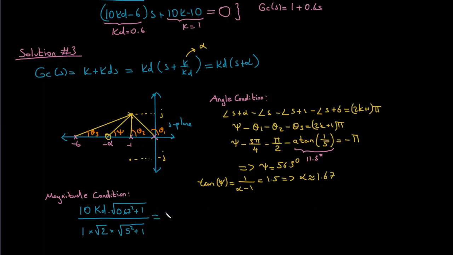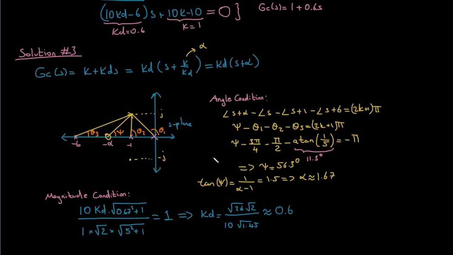This should be equal to 1 from the magnitude condition. And from there, KD will be equal to the square root of 26 times the square root of 2 divided by 10 times the square root of 1.45. And if you carry out these calculations, it's approximately equal to 0.6.